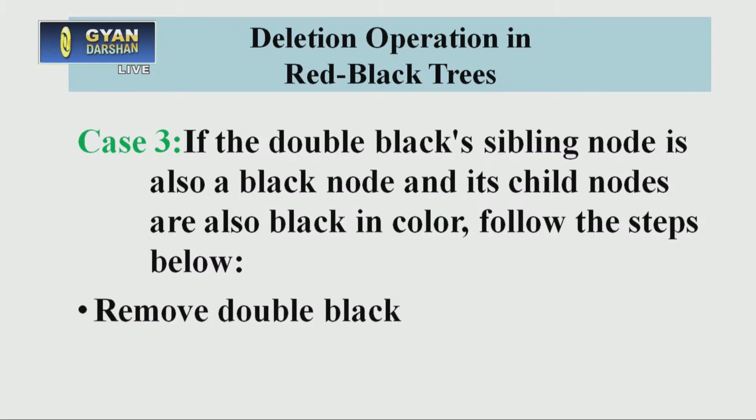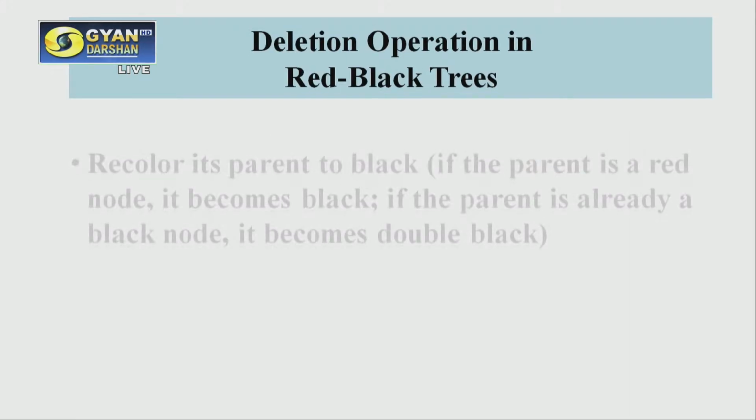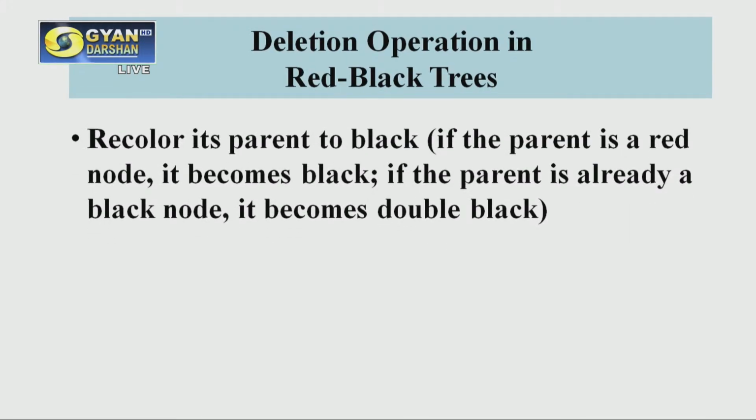First, we remove the double black, and then we recolor its parent to black if the parent is red. But if the parent is black, then it becomes double black. That is the second step: recolor its parent to black. If the parent is already black, it will become double black. If it is red, then it will become black.